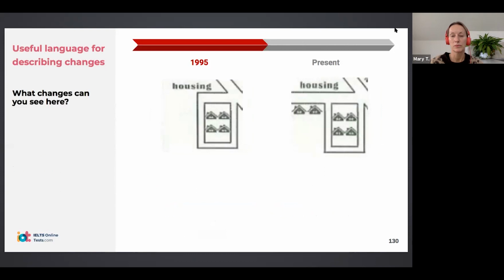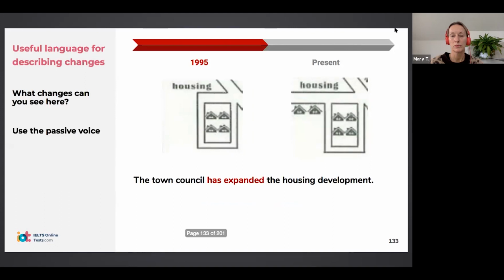Right, so moving on to another change, what changes can you see here? A new, yeah, houses, so there's more houses, that's right. Yes, number of houses has increased. Okay, so the town council has something the housing development. Enlarged, yeah, enlarged is okay, or expanded the housing development. All right, just doing the same as before, looking at how to change it into the passive.